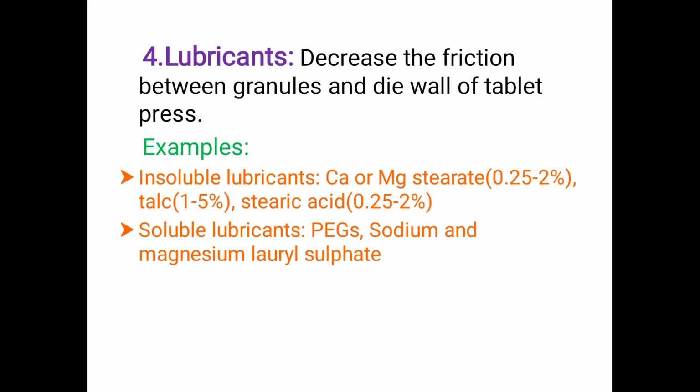Next one is lubricants. These lubricants decrease the friction between the granules and the die wall of the tablet press. For easy ejection of the tablet from the tablet machine, we can add lubricants in the tablet formulation. Examples are insoluble lubricants: calcium or magnesium stearate 0.25 to 2%.